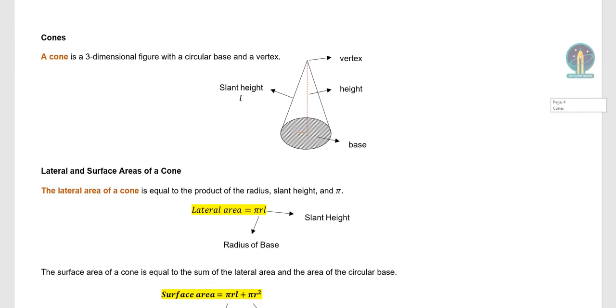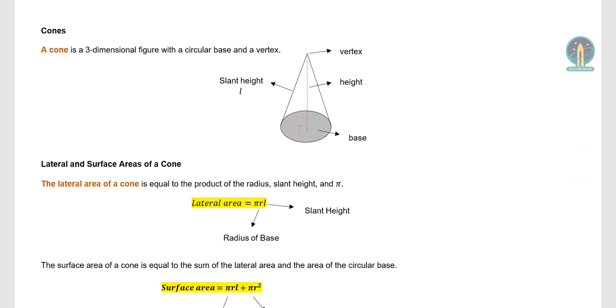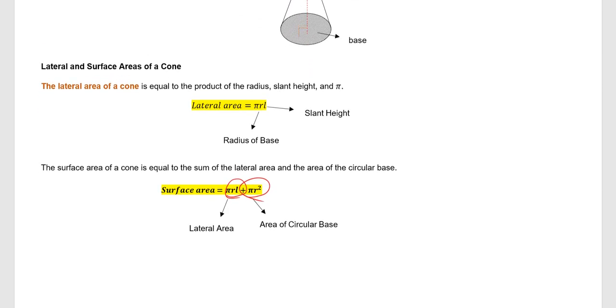Now we want to look at cones. So a cone is a three-dimensional figure with a circular base and a vertex. In some respects, it's similar to the pyramid in terms of finding surface area, because the surface area for a cone is also equal to the area of the base and the lateral area.